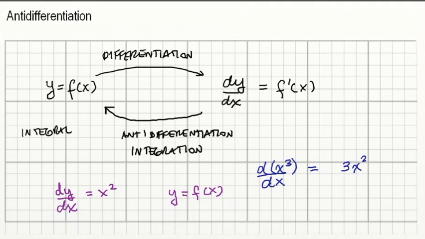Now I may divide both sides here by a factor of 3. So if I do that, then I'll get the derivative of x to the power 3 over 3 is x squared. So basically here I have found what is my function, that when I differentiate I get x squared.